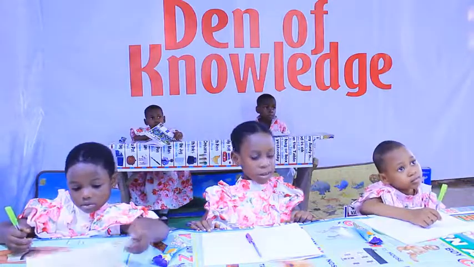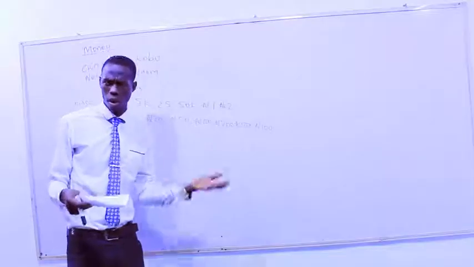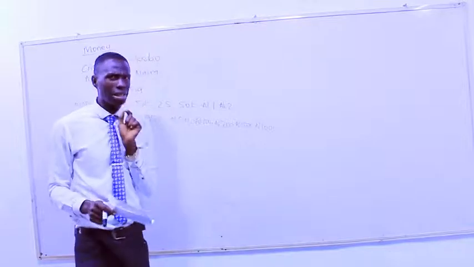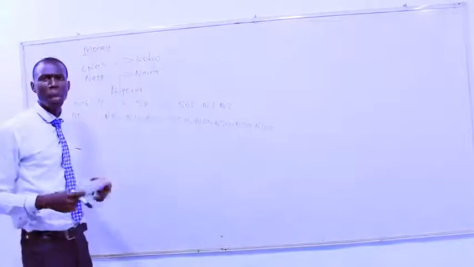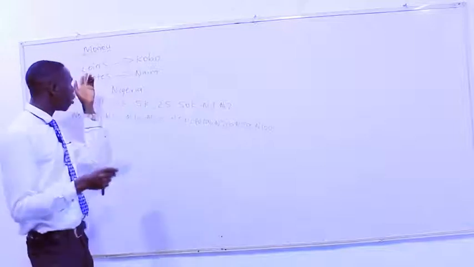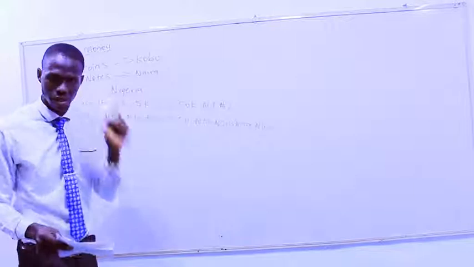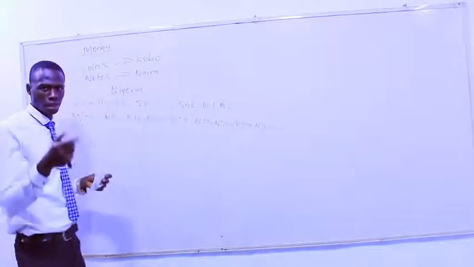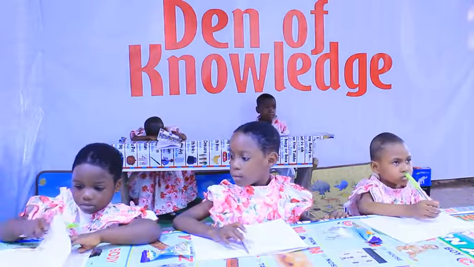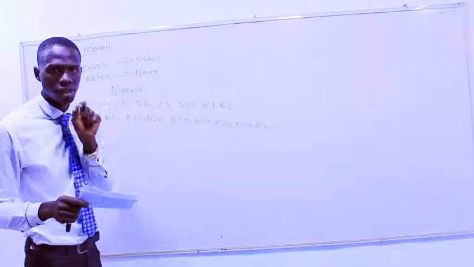In China, I think it's only notes or even coins. But note that money can appear in 2 forms: coins or notes, or coins and notes. In each country, different countries use different currency.